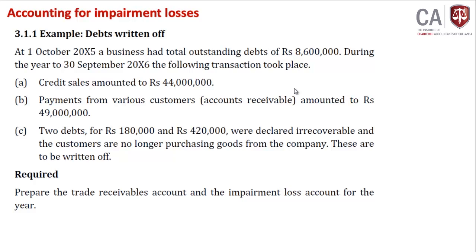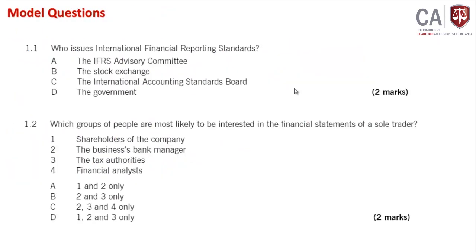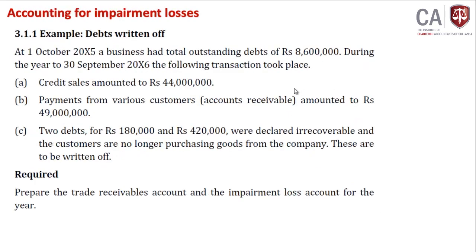Two debtors, 180,000 and 420,000, were declared irrecoverable, and the customers no longer purchase goods from the company. Complete impairment; these are to be written off. Requirement: prepare the trade receivable account and impairment loss account for the year. That's the question. Read it till I erase this board. So you can quickly figure out the answers now.